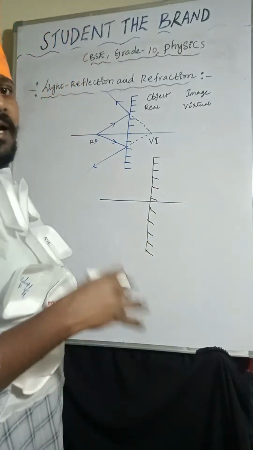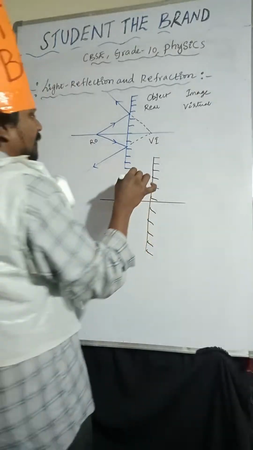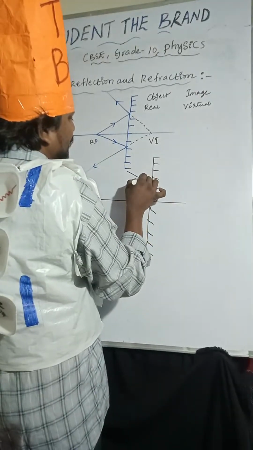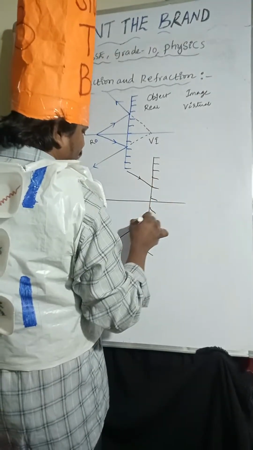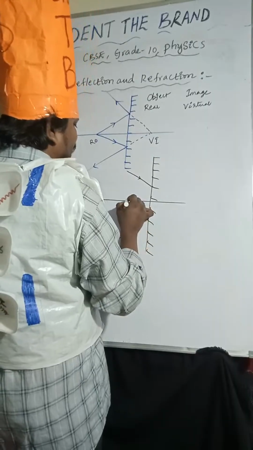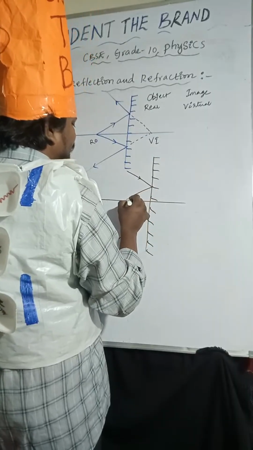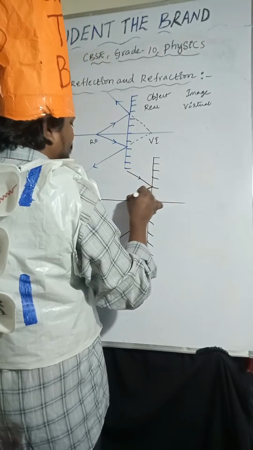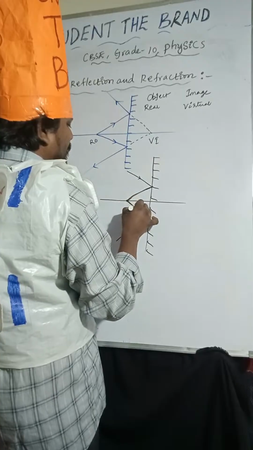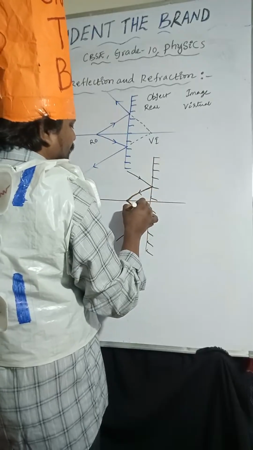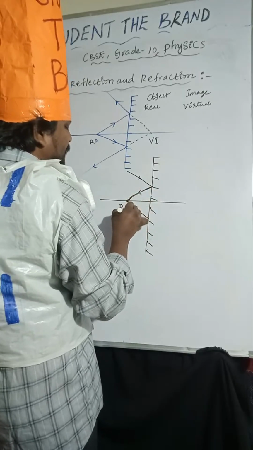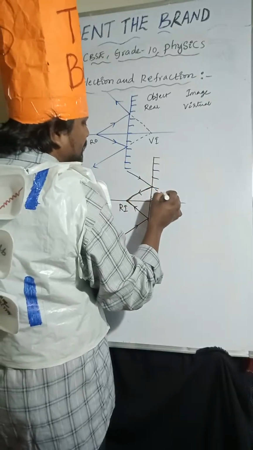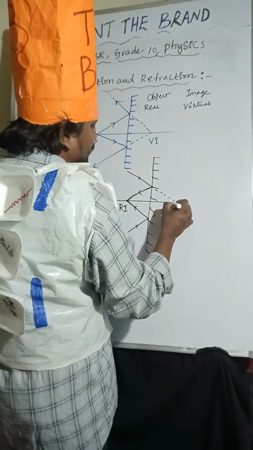So coming to the second case, this is the case. Light rays are coming from the object, so I am taking here like this and here also. After reflection, those light rays are meeting at one point. You can observe here, real image, and if you extend these light rays, there will be a virtual object.